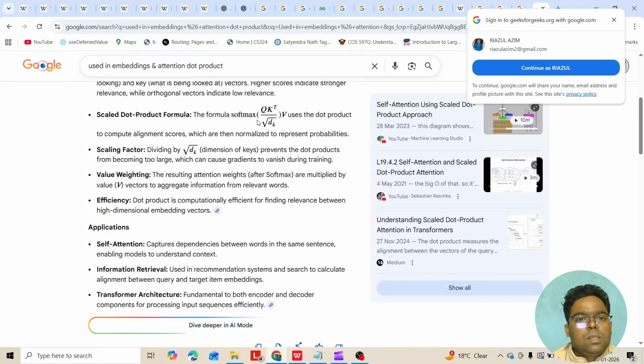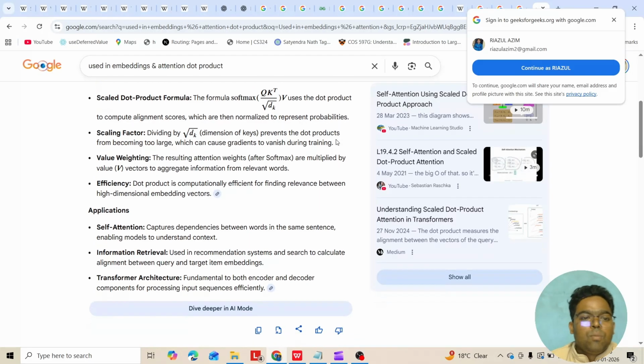In attention there will be three vectors, q, k and v, and this is doing the dot product q cross k, divided by root over dk, into v. This dot product computes the alignment score, which is then normalized to represent probabilities.